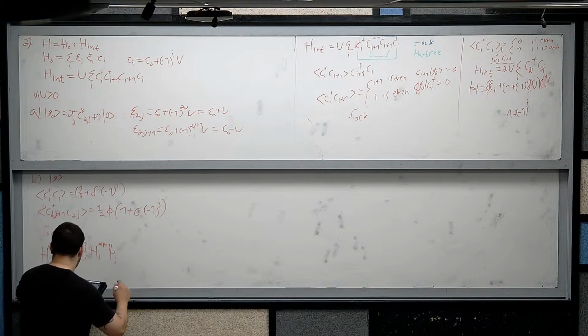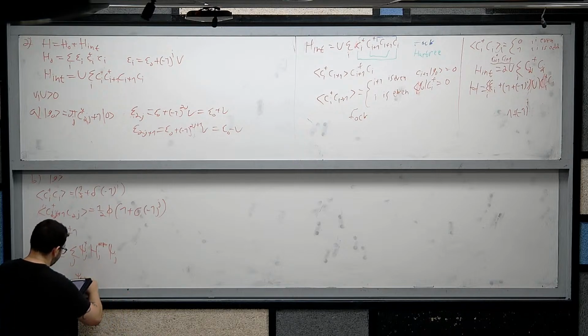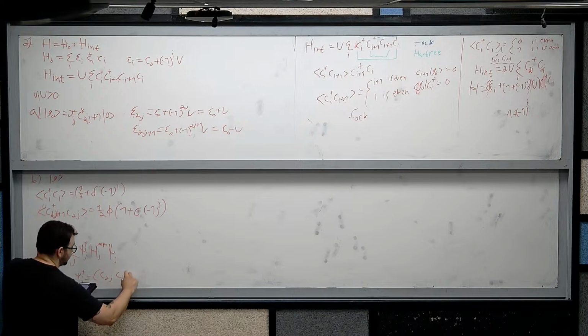Well, we have psi j dagger equals C2j dagger, C2j plus 1 dagger.